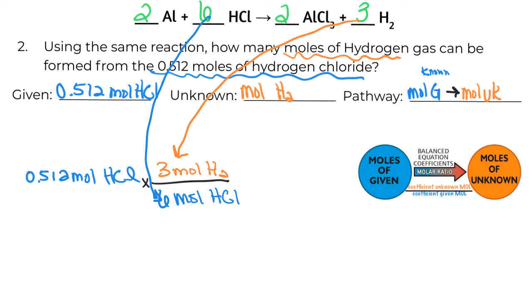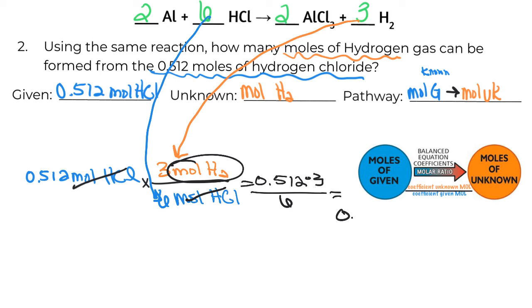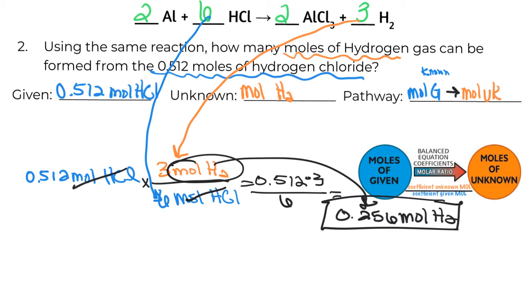So then canceling my units, I'm left with moles of H2. I do the math, I get 0.512 times 3 all over 6. When I calculate this out, I get a final number of 0.256 moles of H2. So you can see that moles of H2 came from there.